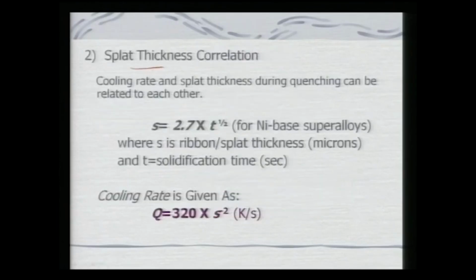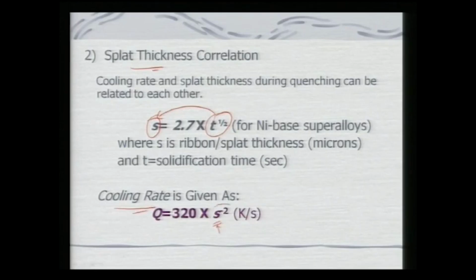Again, the splat thickness is correlated with the overall solidification time. The higher the solidification time, the greater the resulting splat thickness. Cooling rate also depends on the splat thickness.